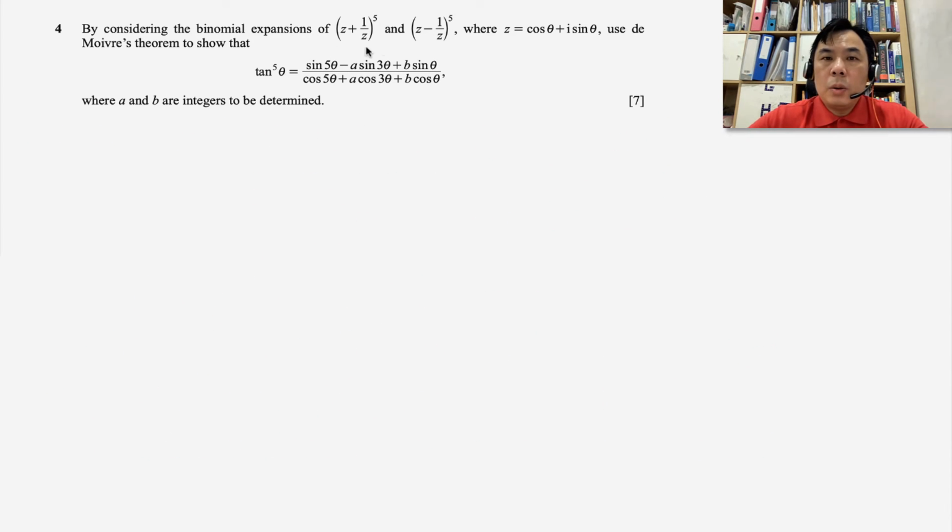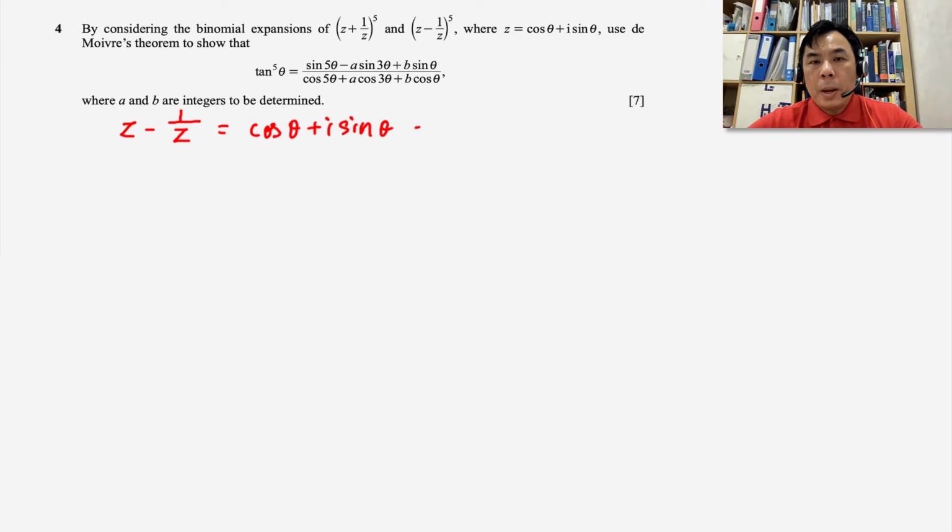All right, so our next expansion is (z minus 1 over z) to a power of 5. Okay, now we know that this can be written as, all right, now before that, let me recap one more time. So z minus 1 over z is equal to, in this case, we have cosine theta plus i sine theta minus of the cosine theta minus i sine theta here.